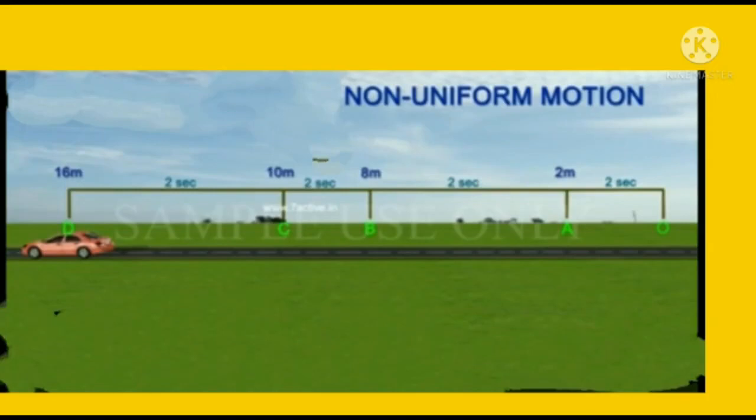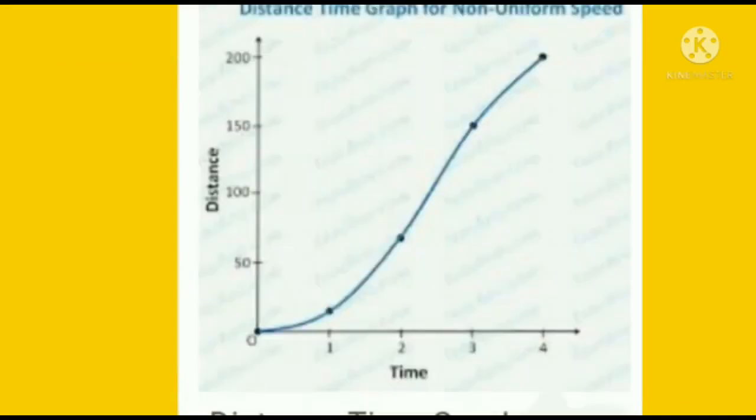All of you observe the graph of the non-uniform motion. It is a curve from the origin. In equal time intervals, the distances are various, so it is a curved graph. It is not a straight line because the velocity always changes.